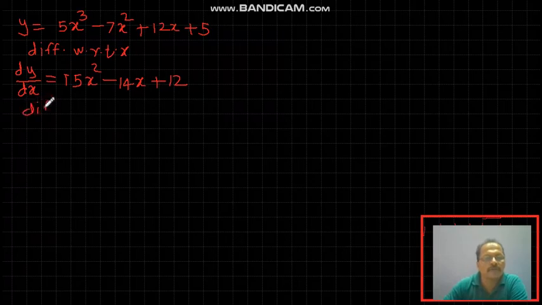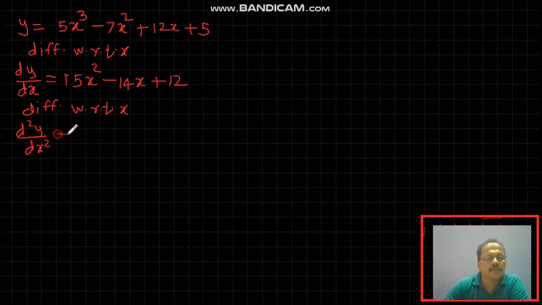Again differentiating with respect to x, we get d2y by dx square is equal to derivative of 15x square is 30x, and derivative of minus 14x is minus 14. Again we can differentiate this.